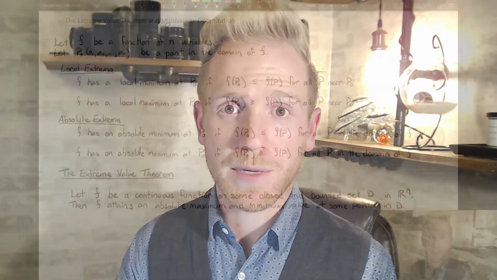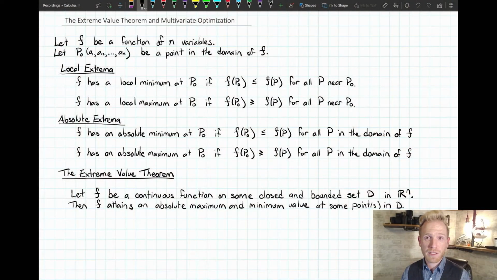So why don't we start off by maybe just reviewing the difference between local extrema and absolute extrema. Now, we've seen this in a previous video already. A local extrema is where we have the function evaluated at some point p naught be the smallest or largest value in a region around that point.